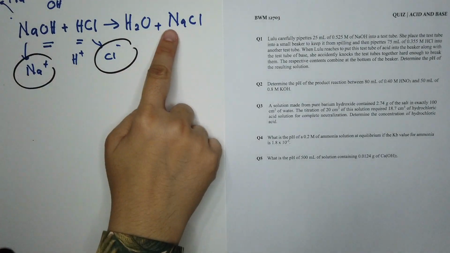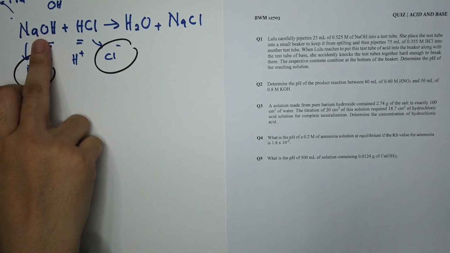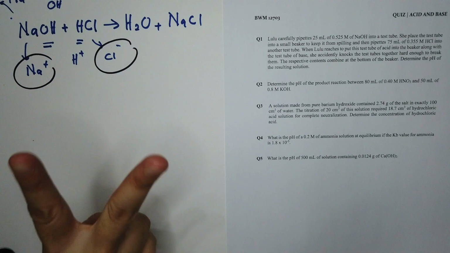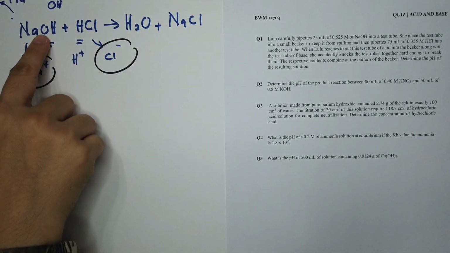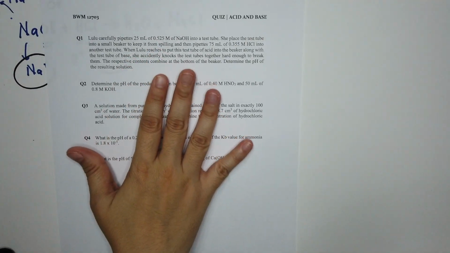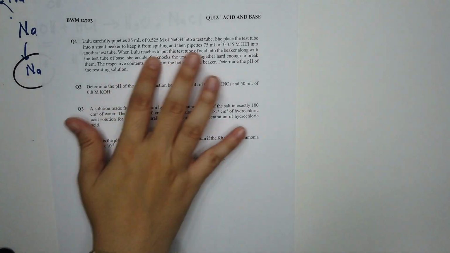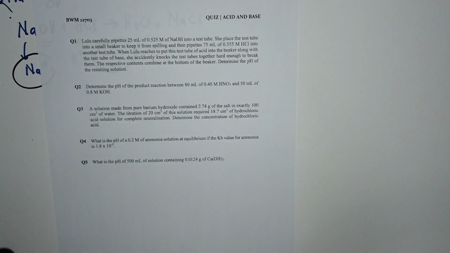Alright, next you need to check whether this equation is balanced or not. You have one Na on each side, one Cl on each side, and 2 H's and 1 O, so this equation is balanced. Next, there are things that you need to calculate, which is the number of moles.